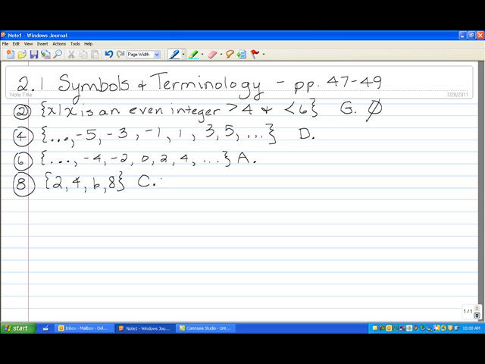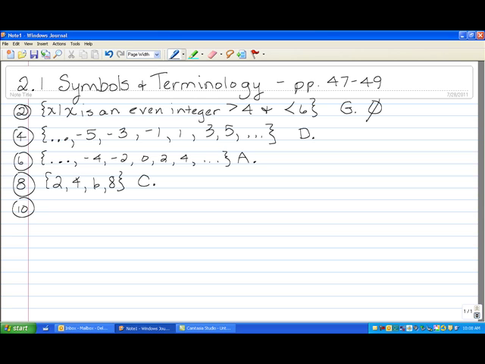And the next group says list all the elements of each set. Use set notation and the listing method to describe the set. So in number 10, we have the set of all whole numbers greater than 8 and less than 18.